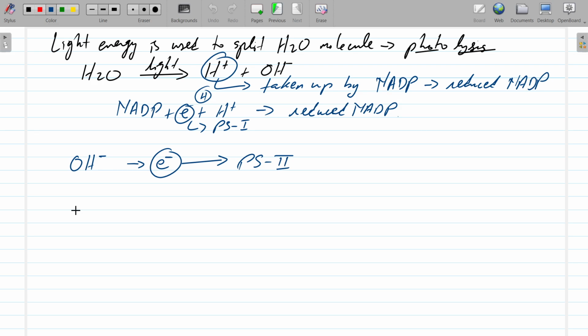So 4 of these are used. They each lose an electron, so 4 electrons are lost. And what you get is a molecule of oxygen and 2 water molecules back.